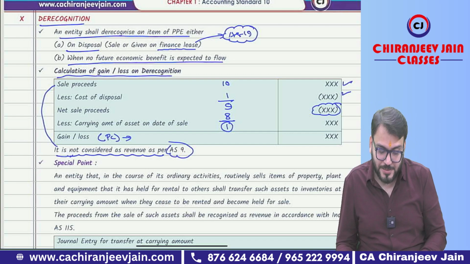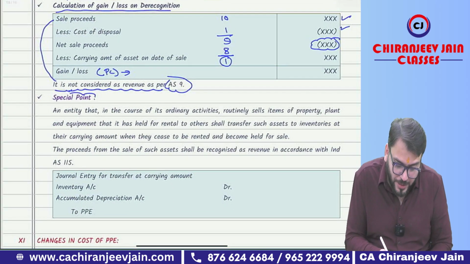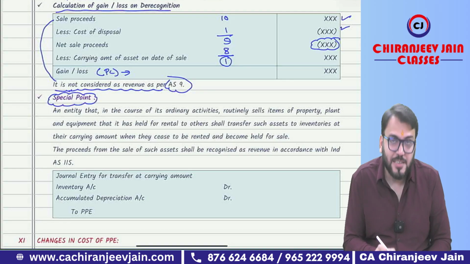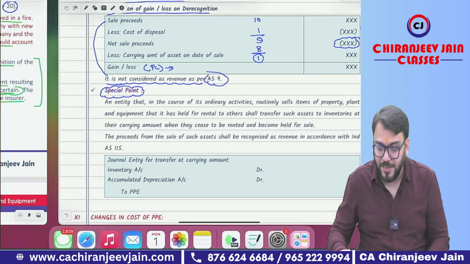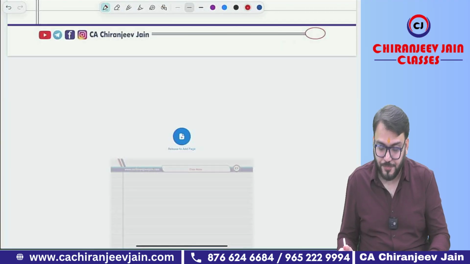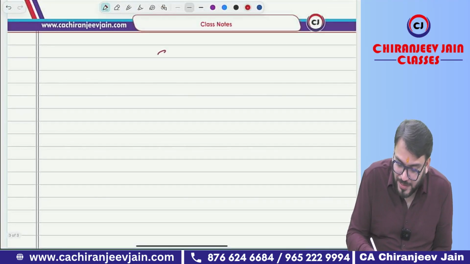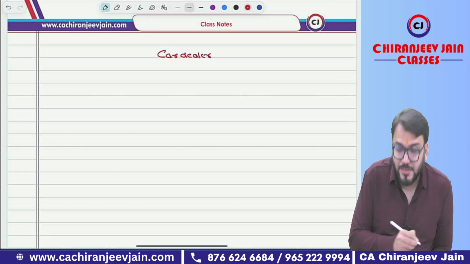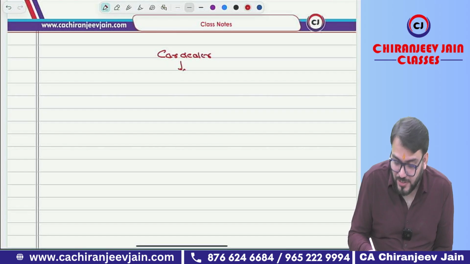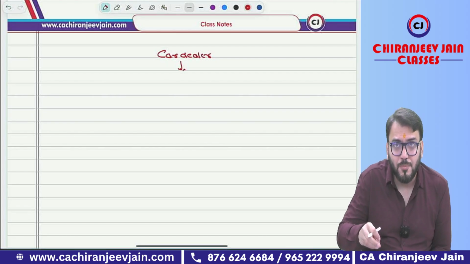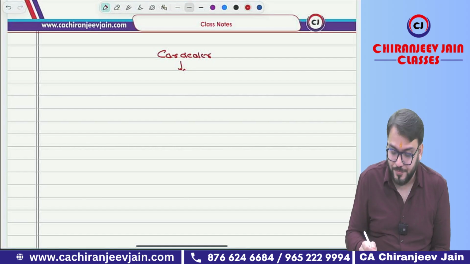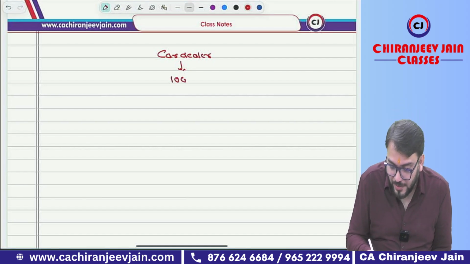Now there is one special point regarding this. For that I need to give one example. Suppose you are a car dealer. Car dealer means your business is to purchase and sell cars. You purchase 100 cars.